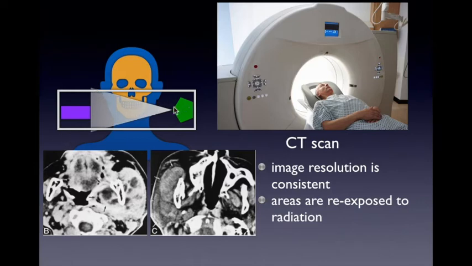However, although it produces an entire cone, since the detector is set on a predetermined site, that means that as the tube or the X-ray moves about, only a specific line of the X-ray will be taken.